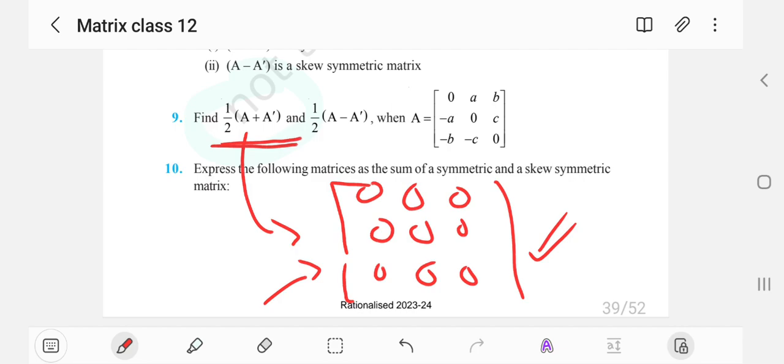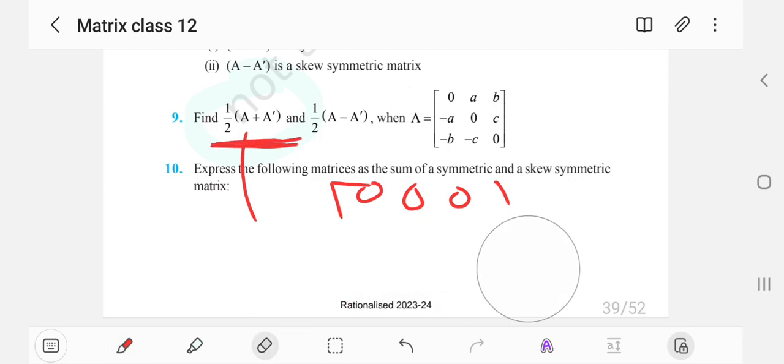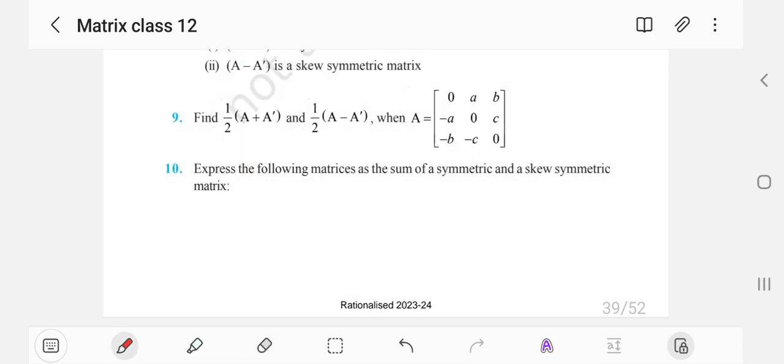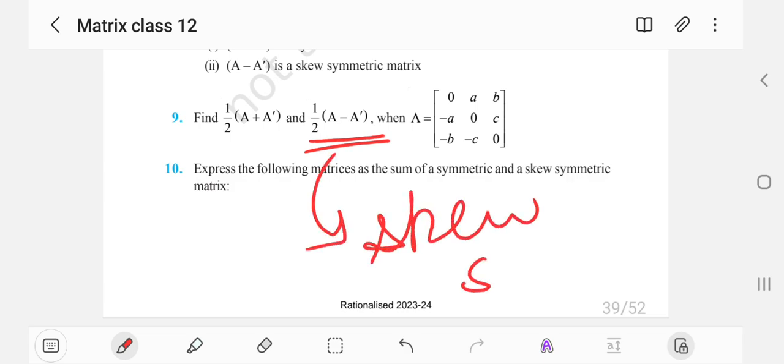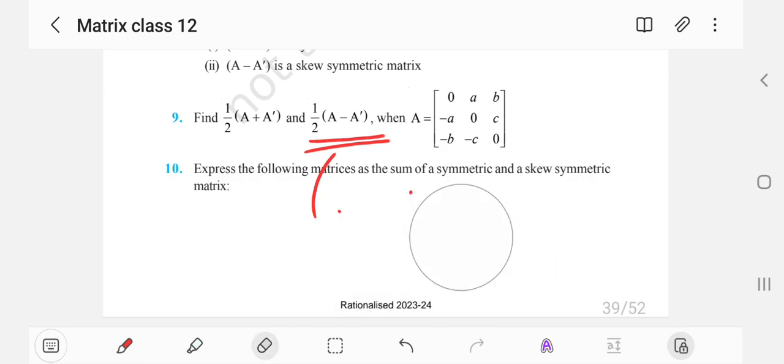And this is what the theorem says, that such a type of matrix will be a symmetric matrix. Similarly, you can also find this, and if you examine, you will reach the conclusion that it would be a skew symmetric matrix, right?